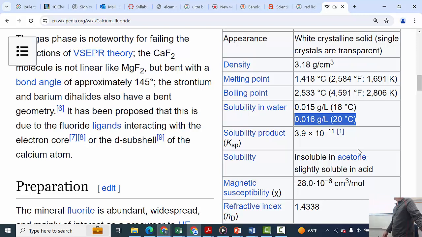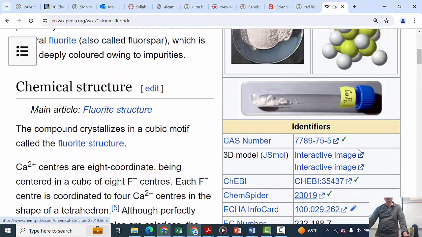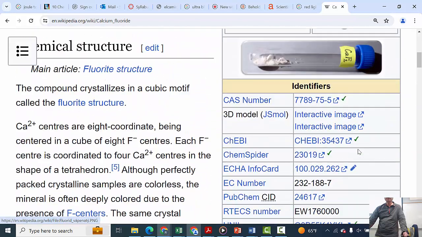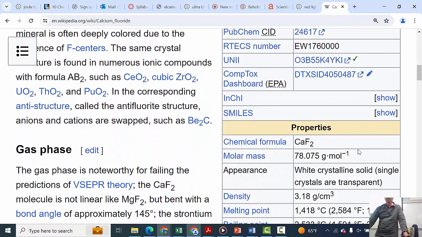And so this is written in different units. This is 0.016 grams. So let me convert that into moles. And so I need the molar mass. Well, calcium fluoride's molar mass is here on Wikipedia as well. So let me find calcium fluoride's molar mass. Here.